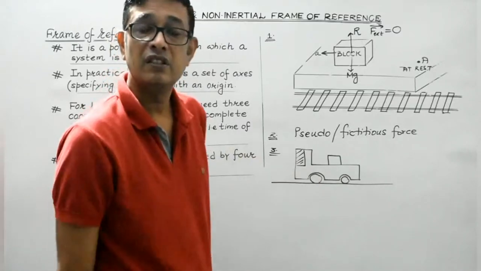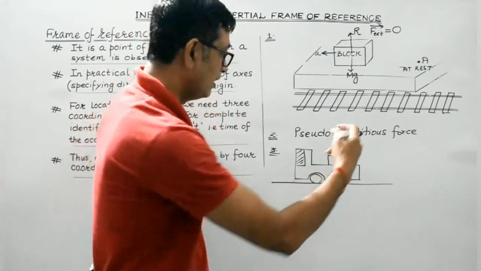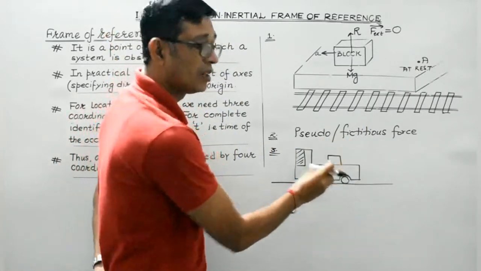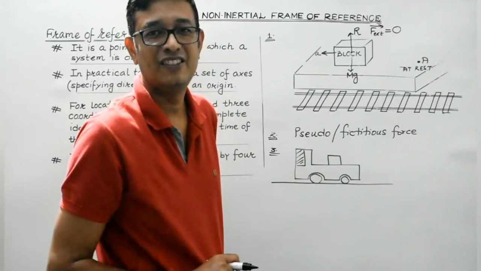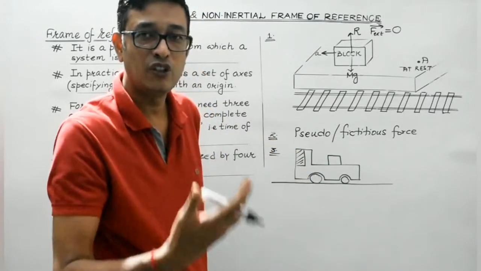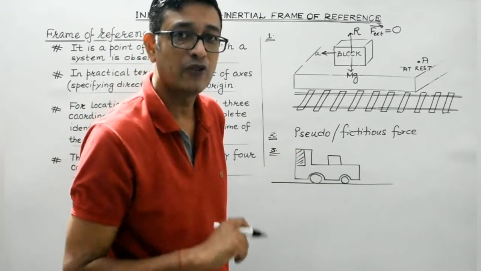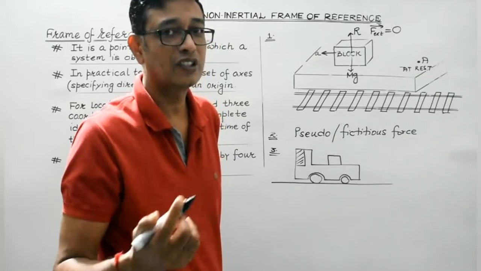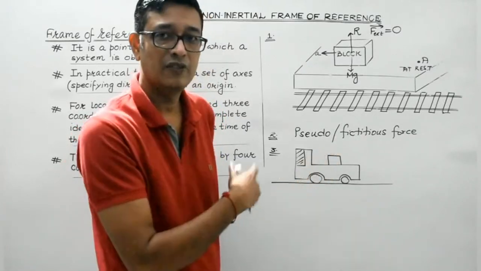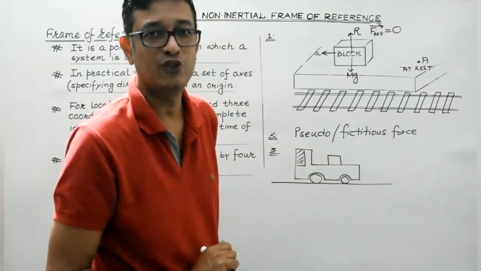In case, students, the truck is at rest or is moving in uniform motion along a straight line, then the block will remain at rest. That is, in both the cases it will act as inertial frame of reference where Newton's first law, that is law of inertia, will hold valid. So in that case the block, if it is at rest, it will remain at rest only in the absence of any net external force.